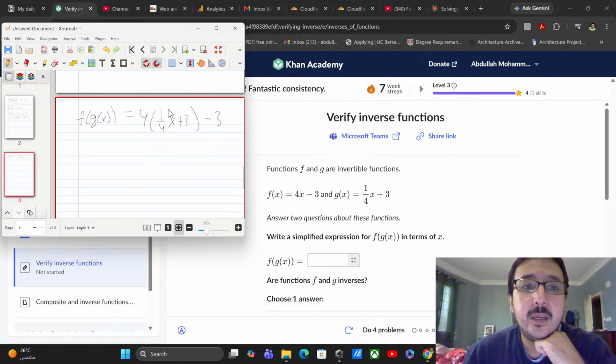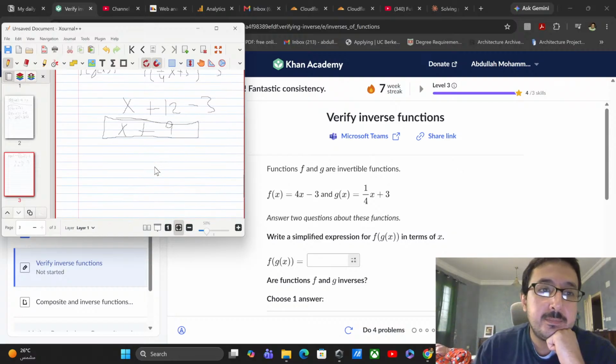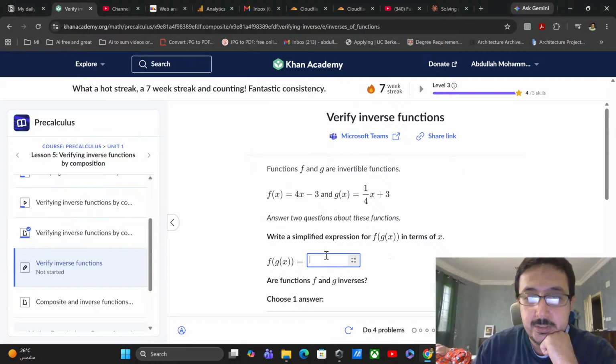But this is not going to be the same. This has to go here and here, so I've got x plus 12 minus 3, and I've got x plus, what are we having? That's a 9. Reverse it. So I've got x plus 9.